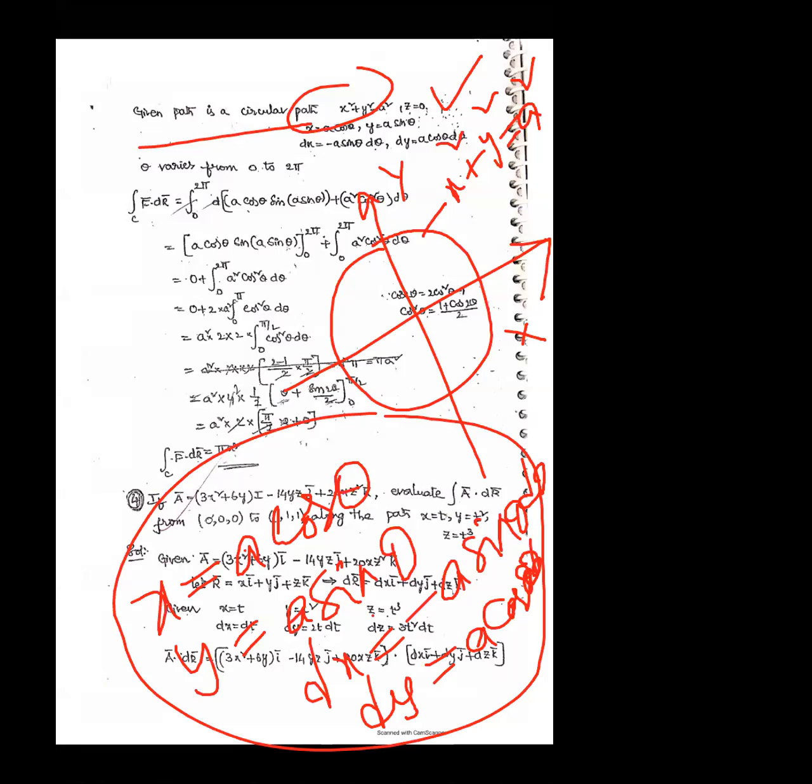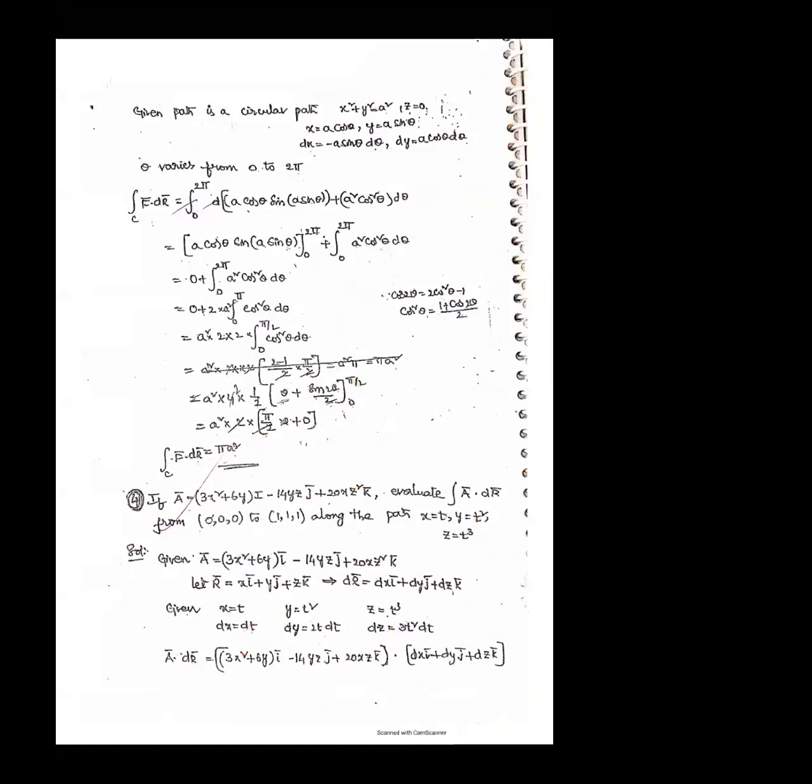Only a single variable is allowed. In the last problem, we converted y in terms of x, but in this problem it is not possible to write y completely in terms of x or x completely in terms of y. That's why I take x in terms of theta and y also in terms of theta. So the total problem is completely converted to the single variable theta. I write x equals a cos theta using the equation of a circle. This is the standard value, already discussed in M1 multiple integrals.